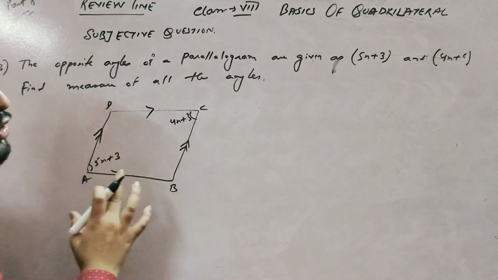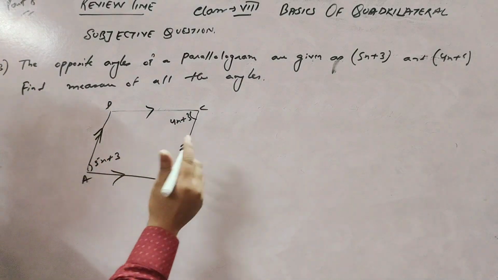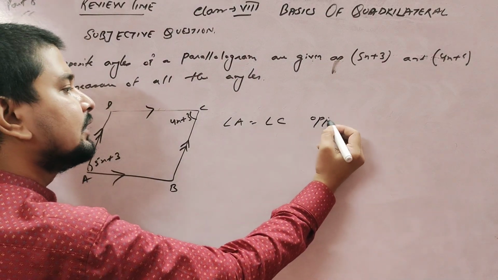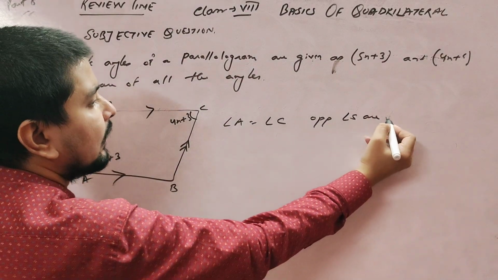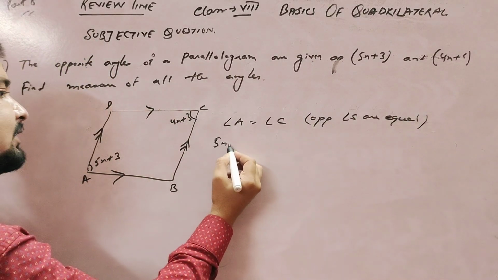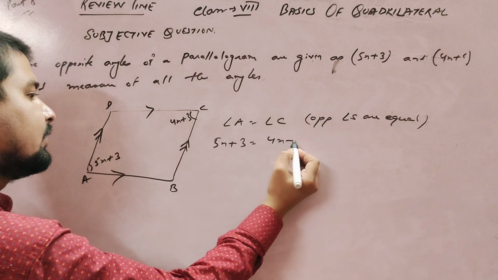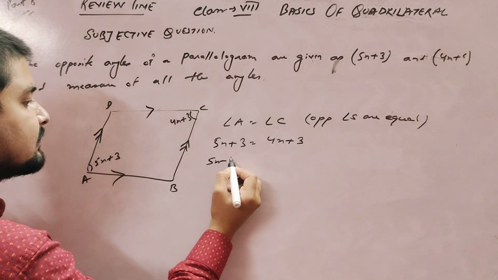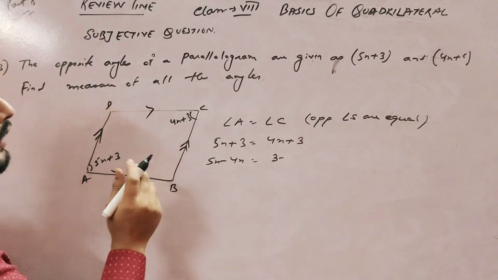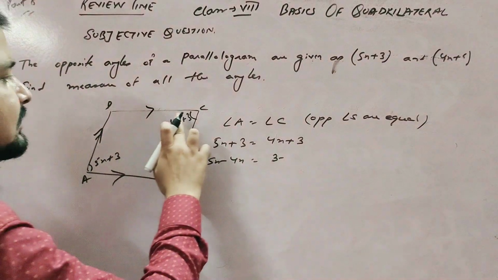So we know that opposite angles are equal. So angle A equals angle C, we write down opposite angles are equal. So 5x plus 3 equals 4x plus 6. Something is wrong, 4x plus 6 is given here.